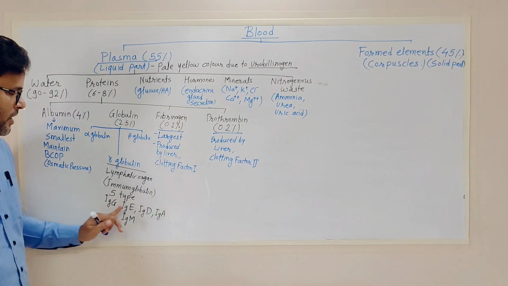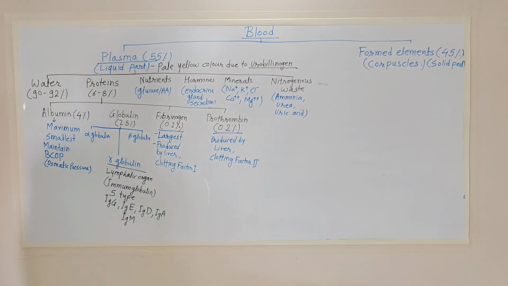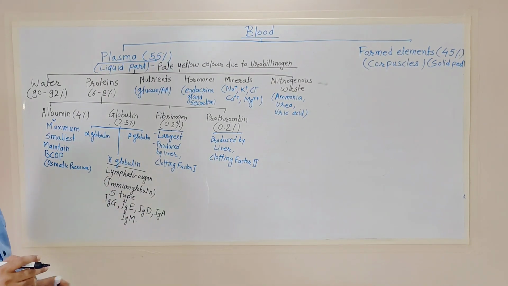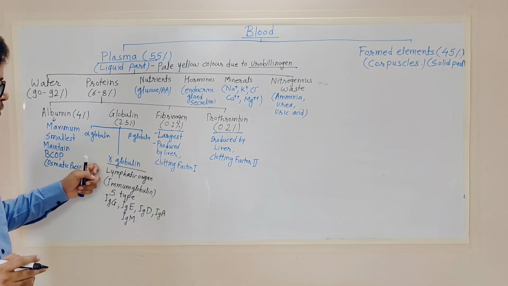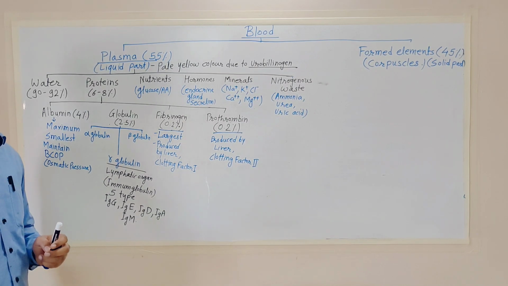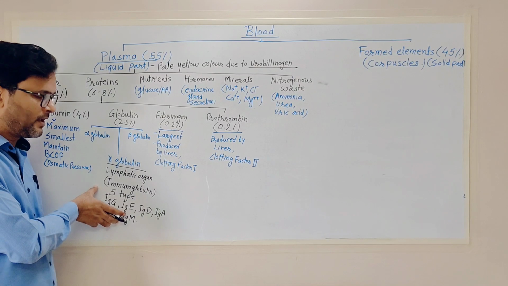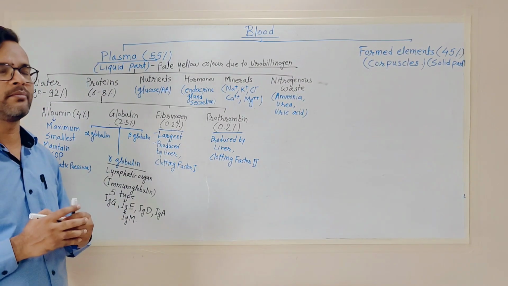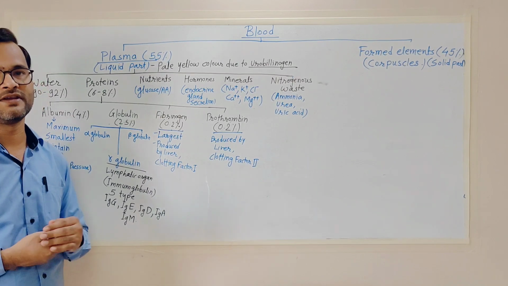Okay, IgG, IgE, IgD, IgA and IgM. These are the five different types of globulin present, and they are produced by the lymphatic organs. So basically we will discuss immunoglobulin in detail in the 12th class, in the chapter named Human Health and Disease.